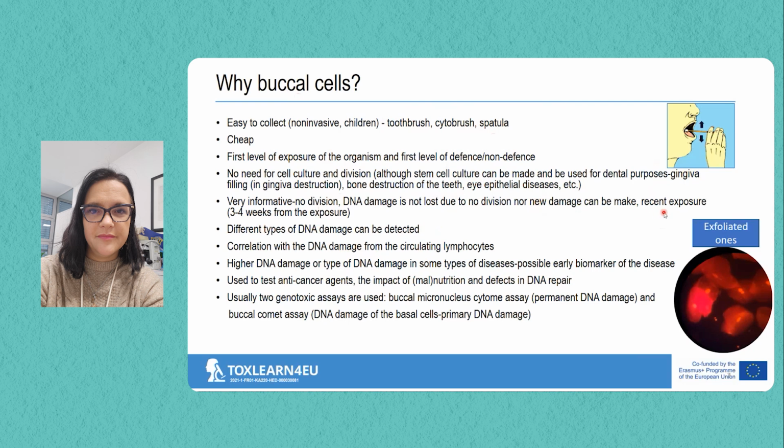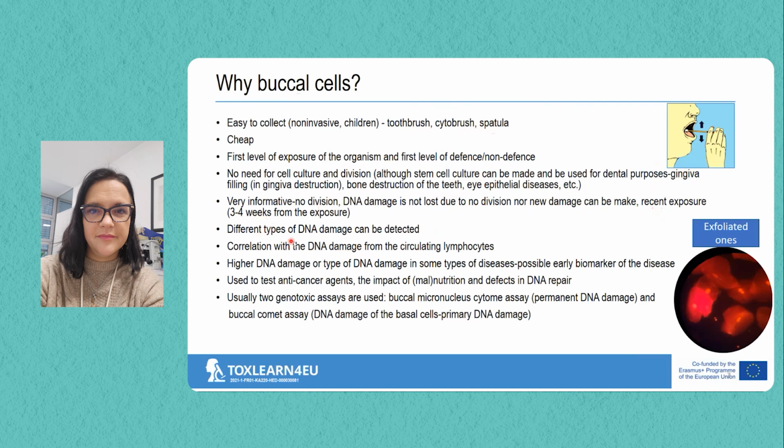You need to know that those cells need like 10 days or 2 weeks, sometimes even 4 weeks to come from the basal layer to the surface. So you can measure the DNA damage in them from the recent exposure and from the chronic exposure. So not from the immediate exposure.